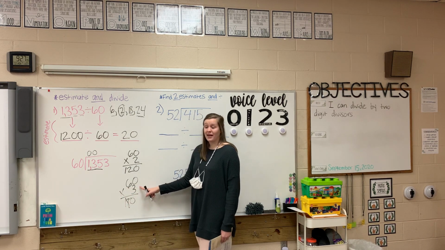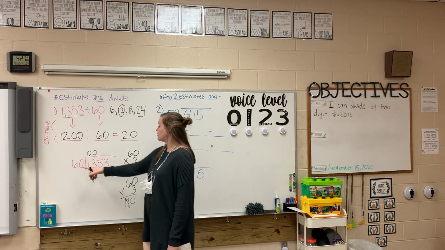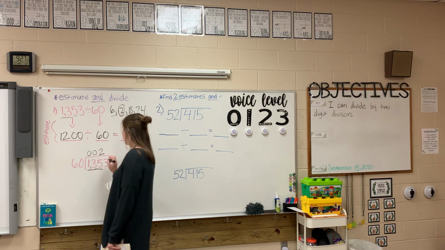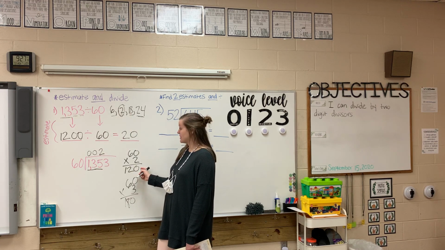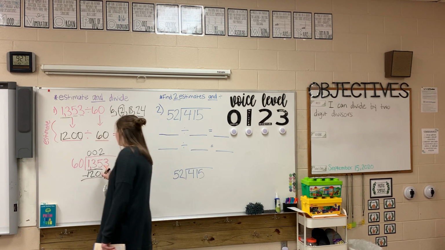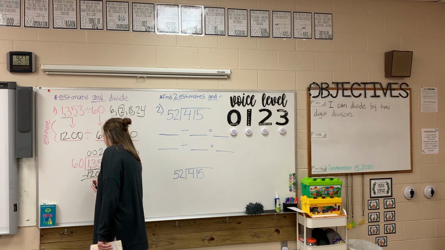Nope, that's too much. So I need to stick with my 2. So 60 goes into 135 2 times. What was my answer to 60 times 2? 120. So I'm going to subtract. 5 minus 0 is 5. 3 minus 2 is 1. 1 minus 1 is 0.